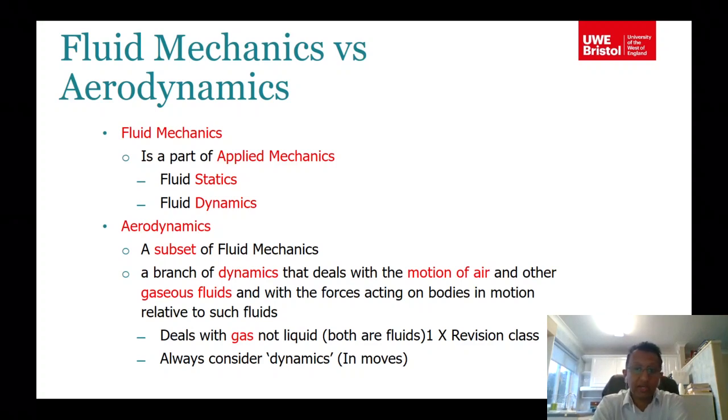It's a branch of dynamics that deals with the motion of air and other gaseous fluids. So aerodynamics is always going to deal with gases and air.